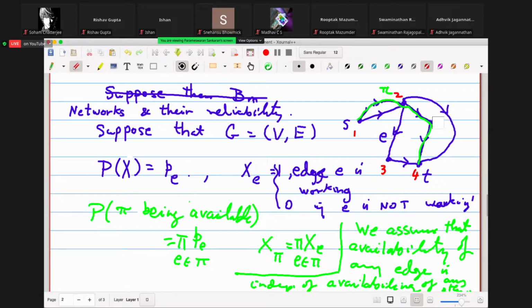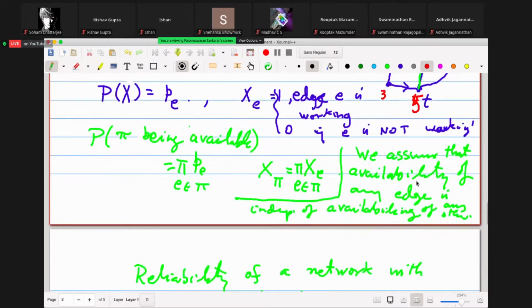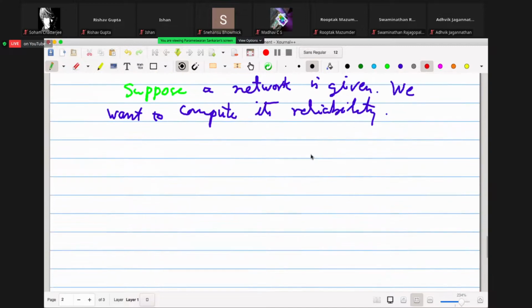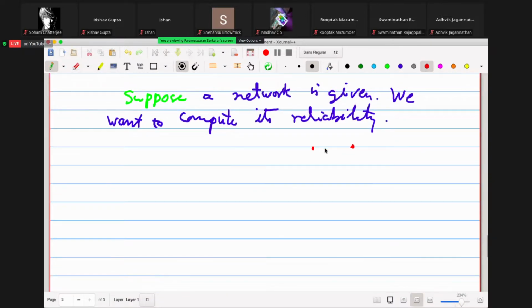Better that way. From 1 to 2 there are 2 paths essentially, and then to 5 there are 3 paths.